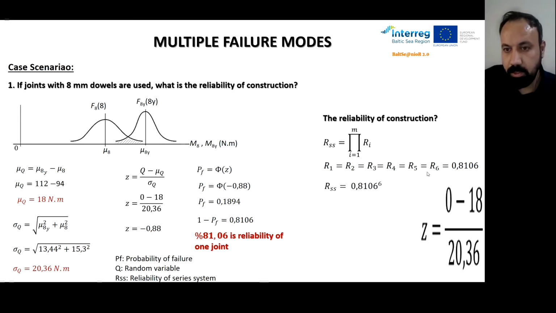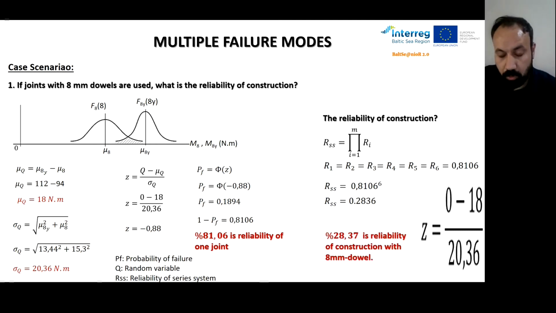So it makes 0.8106 to the power 6, and my reliability goes to 0.2838, which makes 28.38% the reliability of my construction with 8 mm dowel.